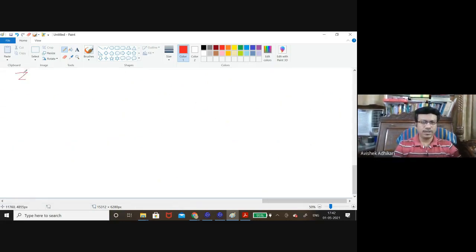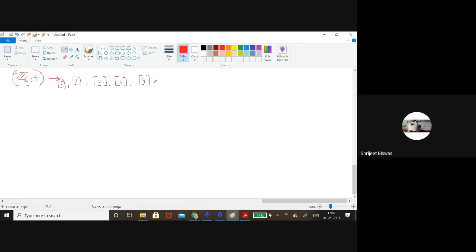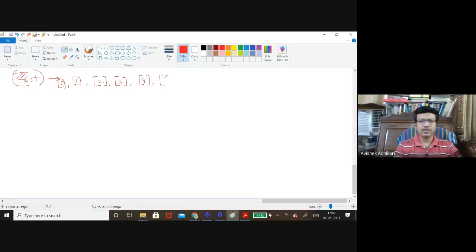For example, Z6 under addition. Is class 1 a generator? Yes. Then is class 2 a generator?